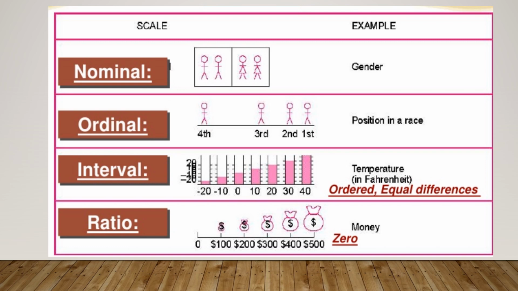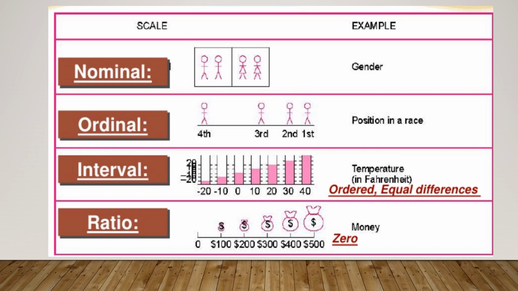Then third, examples of interval variables: temperature measured in Celsius or Fahrenheit, time, generation, age range, etc. For the ratio variables, they have absolute zero characteristics.